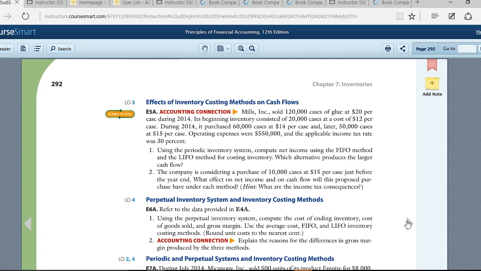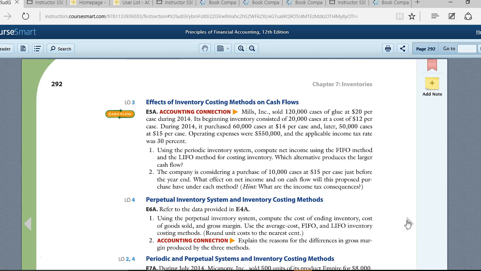Our job here, Mills Inc. sold 120,000 cases of glue at $20 per case during 2014. Its beginning inventory consisted of 20,000 cases at a cost of $12 per case.